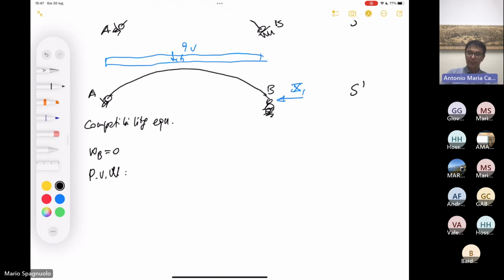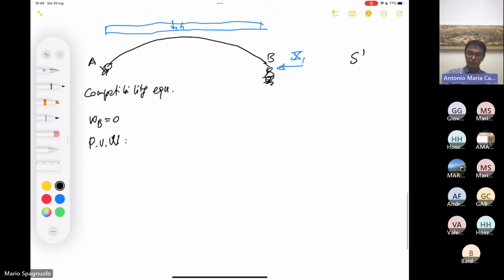We can have S prime divided into subsystems.